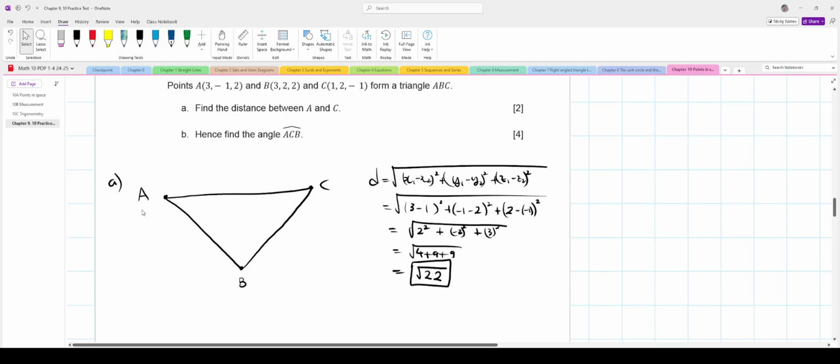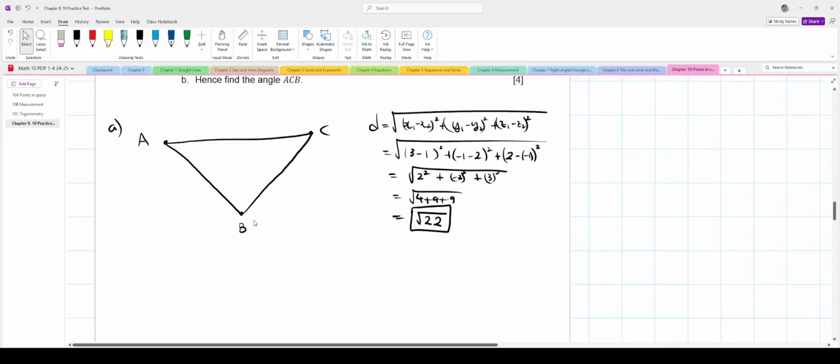So in order to find the angle ACB, I think we're going to need to find some other distances as well, right? So let's find the distance between A and B, and also the distance between B and C, and then I'll use these values to use the cosine law.